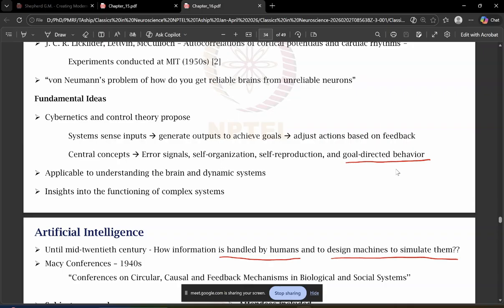That will influence whether the system is able to move towards its goal. So the central concepts involved in cybernetics and control theory were error signals, self-organization, self-reproduction, and goal-directed behavior.